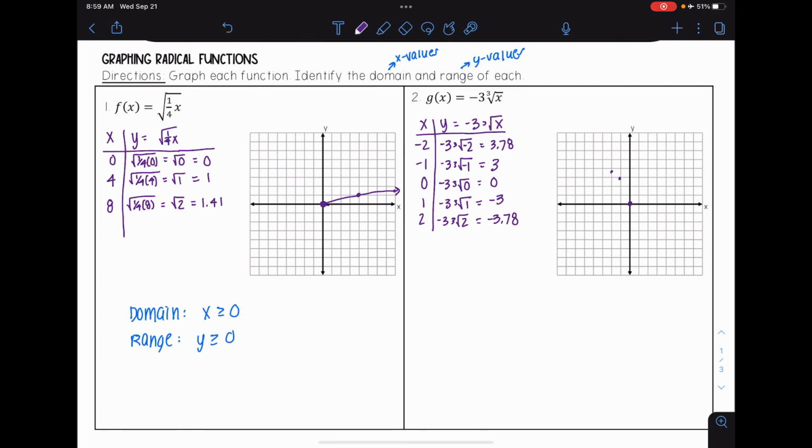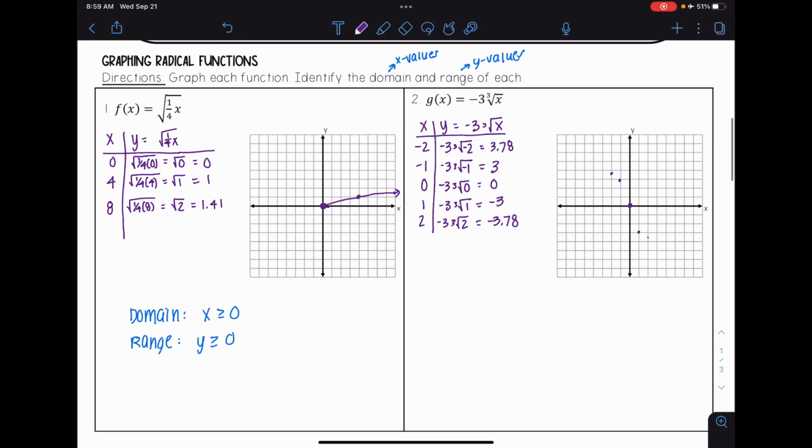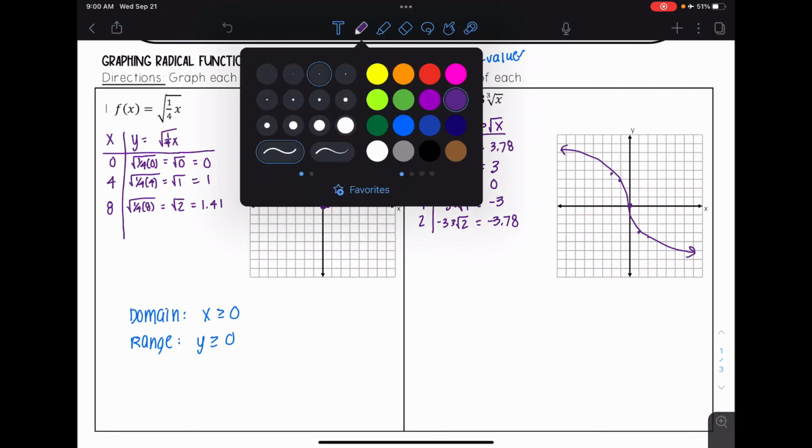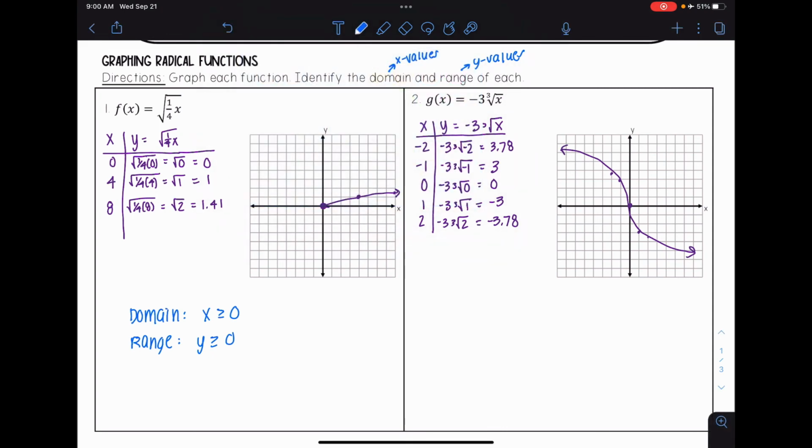Then at 0, we're at 0. At 1, -3. And at 2, -3.78. And so our graph will look something like this. Since this is a cube root, we know that the domain and range here are just going to be all real numbers.